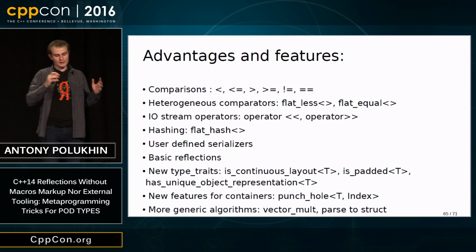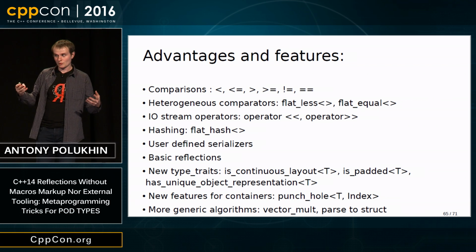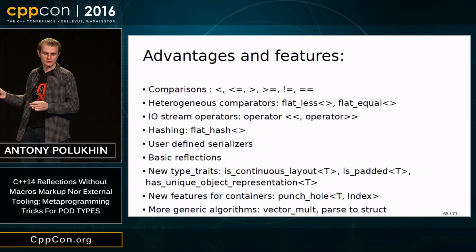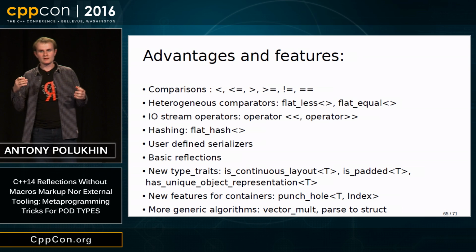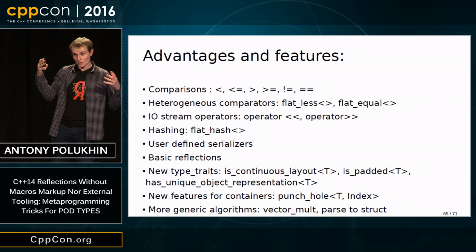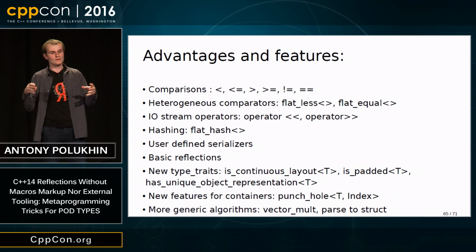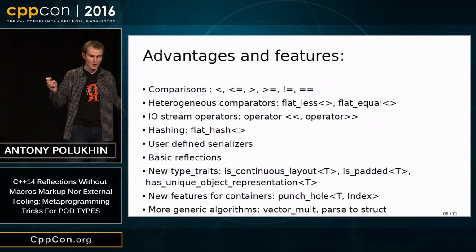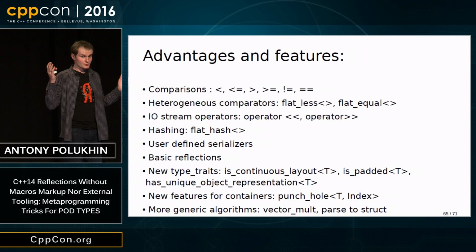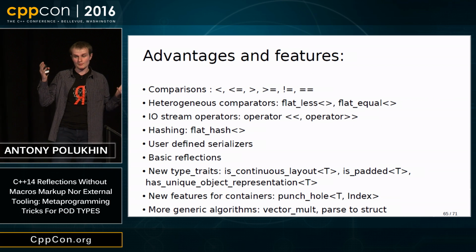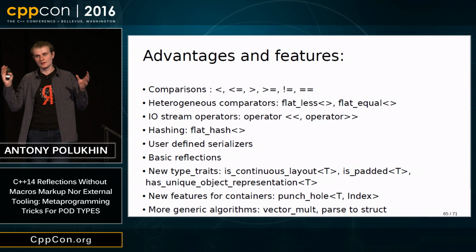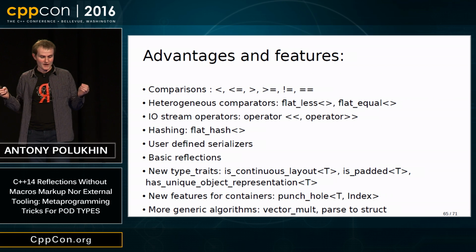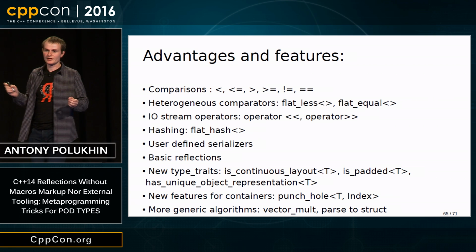All these techniques allow us to open the way to use basic reflections. We can create new type traits: is continuous layout, is padded. We can even write the C++17 type trait has unique object representation, but in C++14. We can create new functions. For example, a punch hole function that detects unused bits in a user-provided structure and reuses them. Finally, we can write much more generic algorithms.